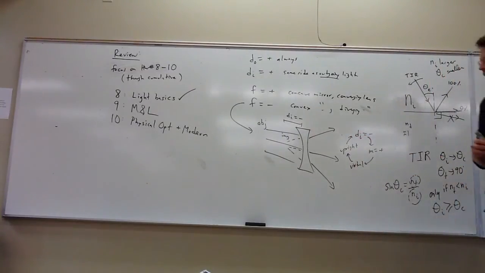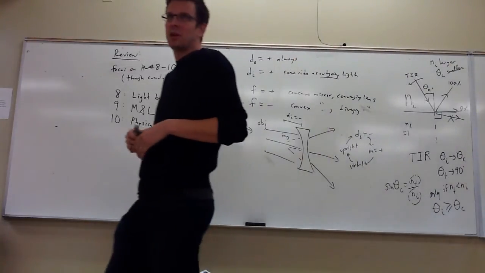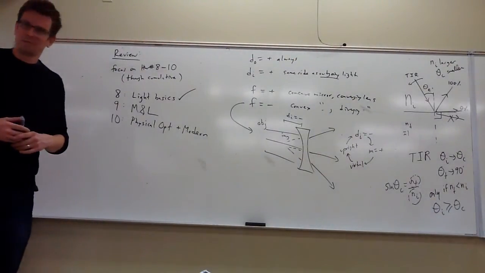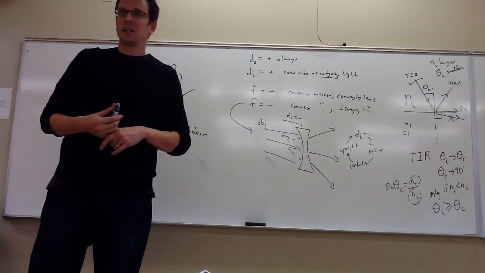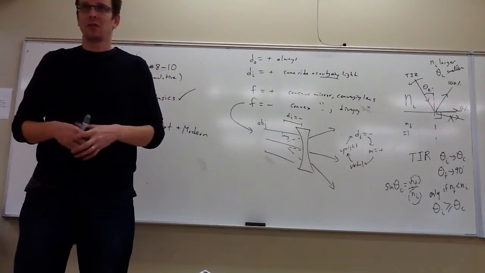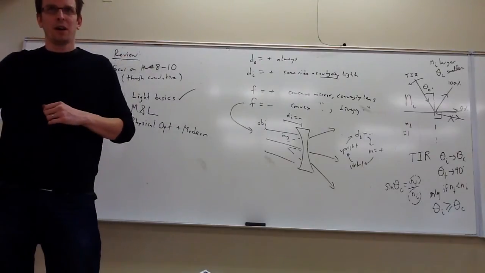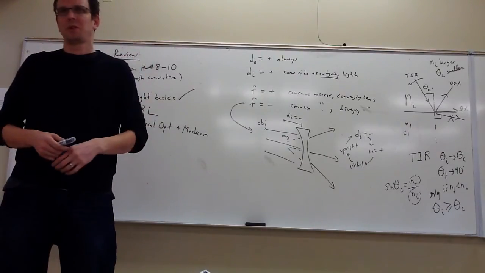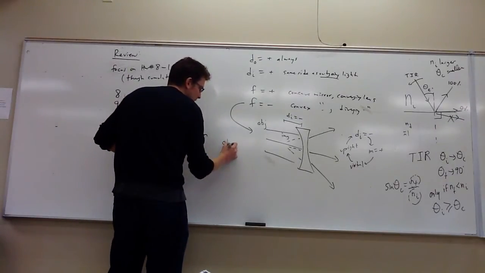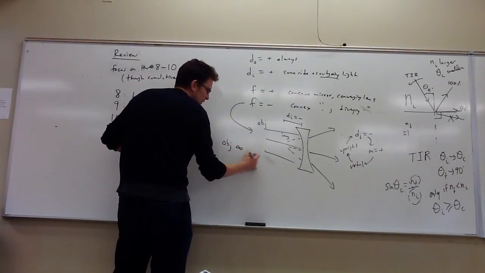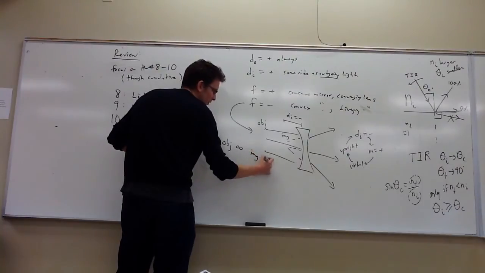The easiest way to remember how everything moves is to just remember what it has to be at the beginning and what it has to be at the end. So when the object is really far away, the image is always at the focus. That's the definition of the focus. So when the object is at infinity, the image is at the focus.